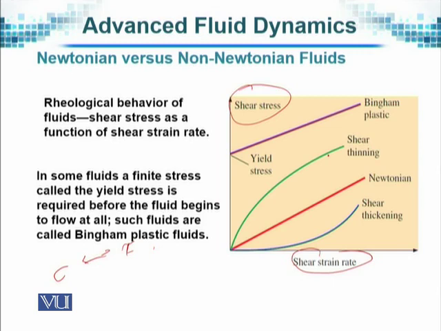An example of a fluid where shear thinning takes place, and there can be many, but I give you one simple example: paint oil, the oil paint that we apply on walls or steel gates. If we draw some oil paint together, in the beginning it is quite viscous.